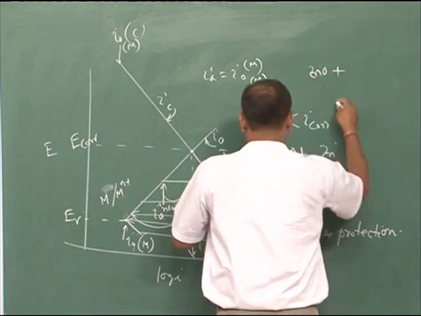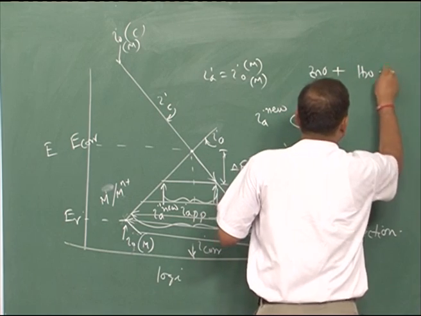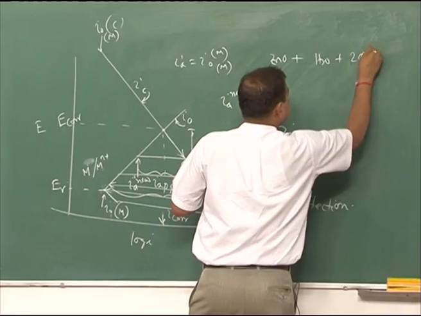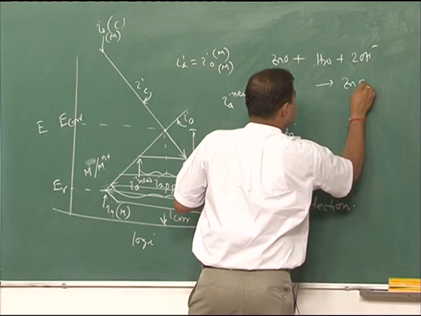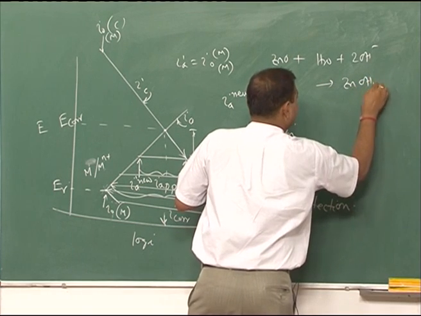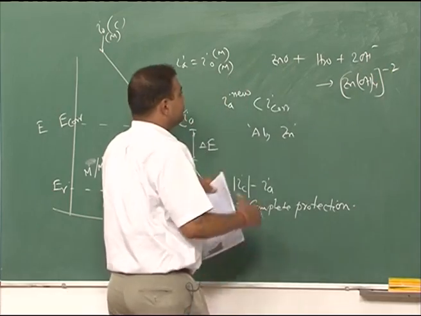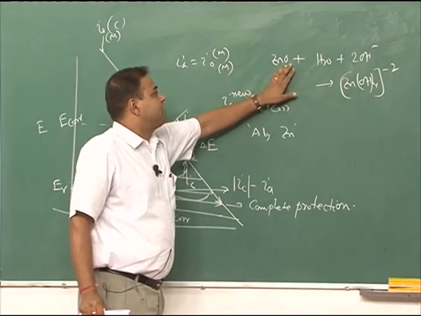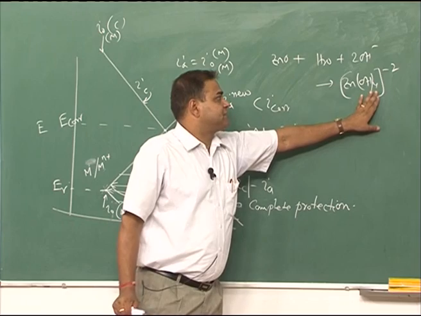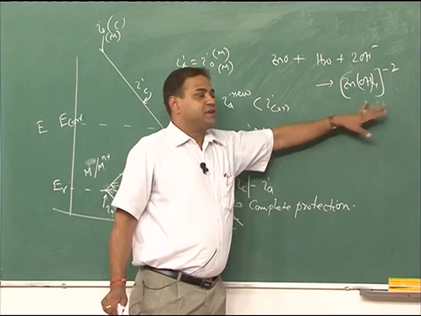ZnO plus H2O plus 2OH minus goes to Zn(OH)4 2 minus. So, instead of having protection, zinc ion can go into this complex ion, which is dissolving again.